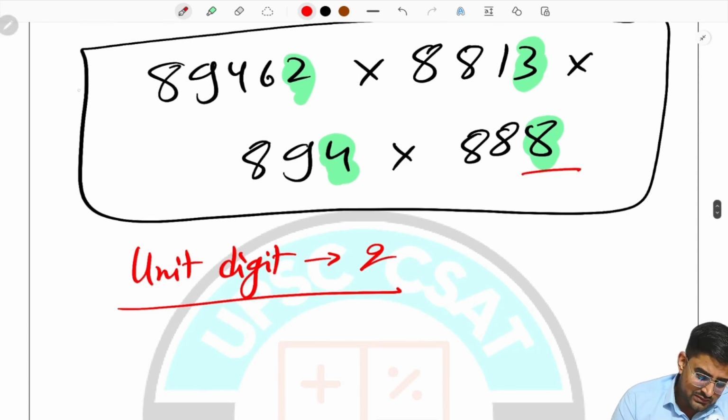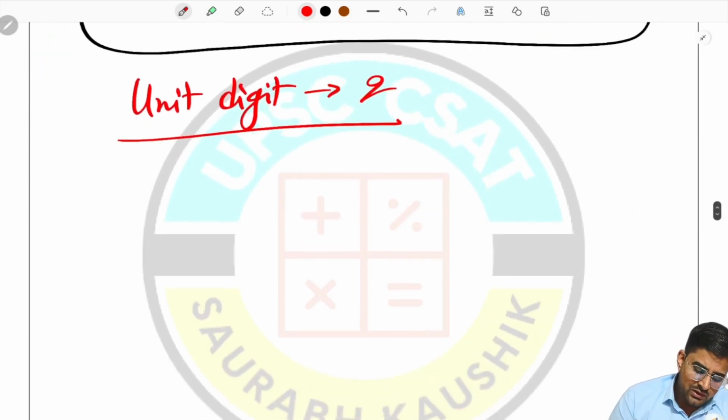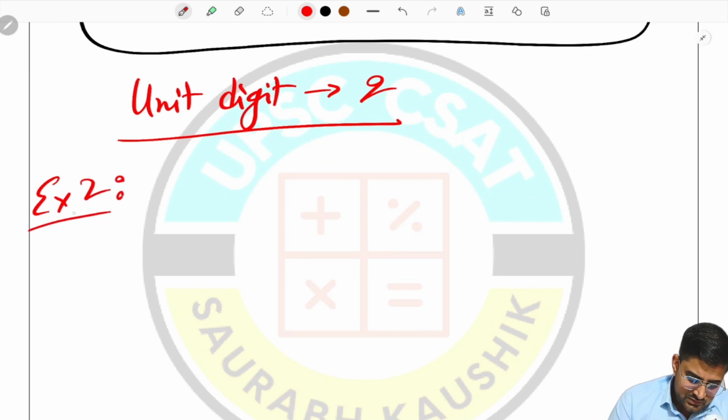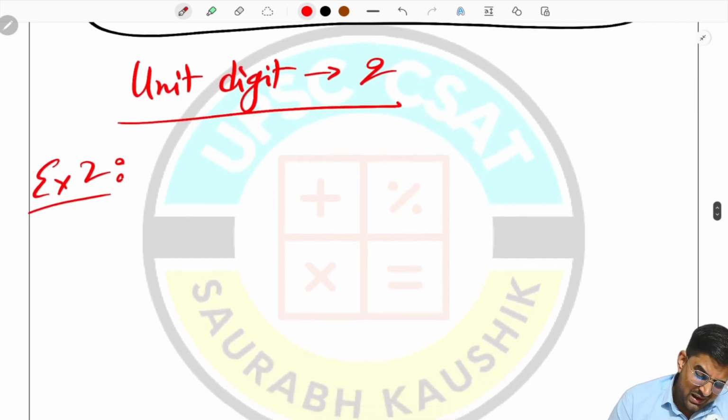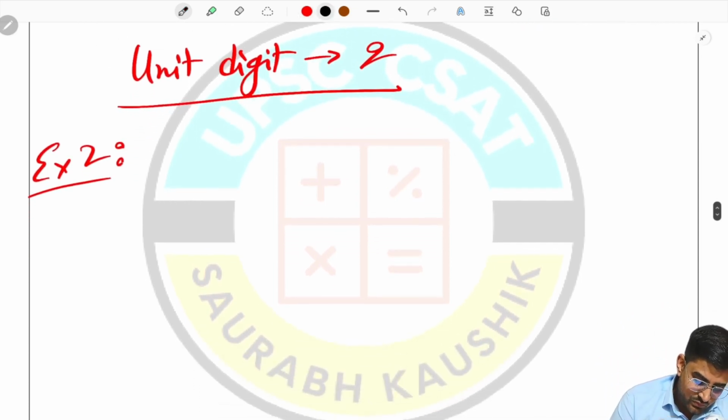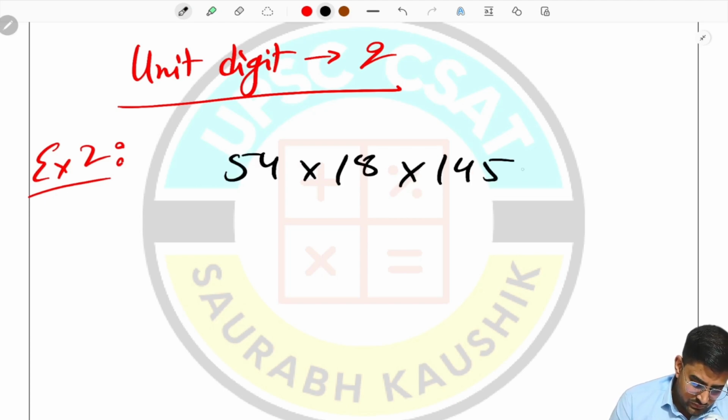Does that require any special attention, special calculation? No. Let us take another example. That was example number 1. I am telling you the concept only; the property is not mentioned right now. On example 2, take any example, whatever you want: 54 into 18 into 145 into 339.